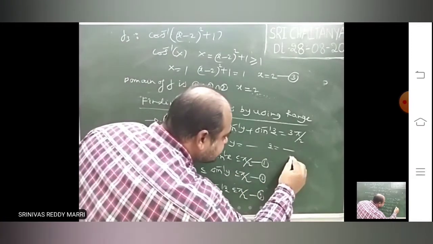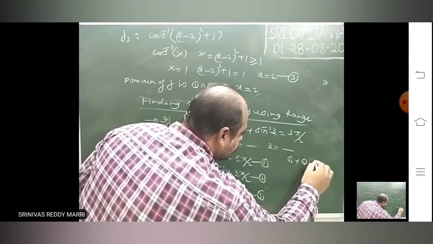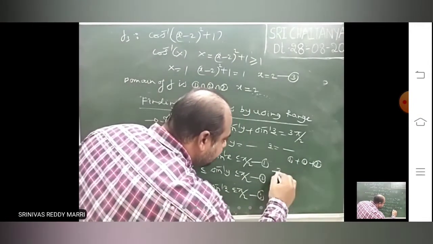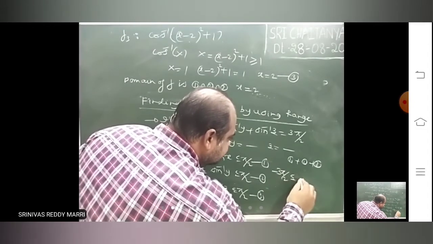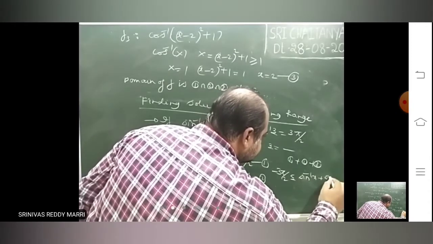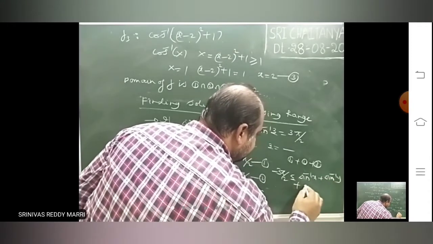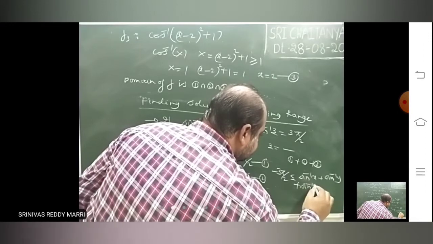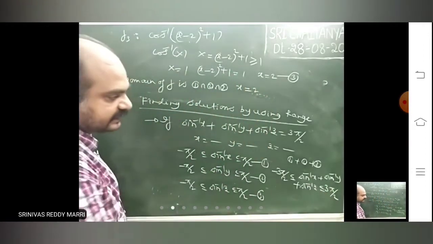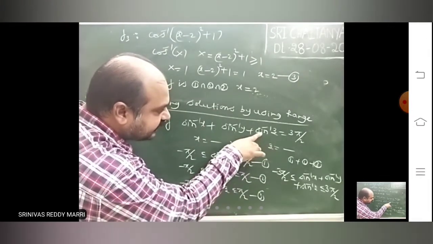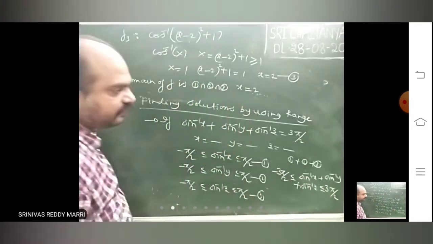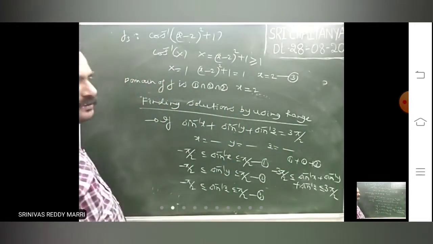Addition is there. 1 plus 2 plus 3. What you will get? Minus 3 pi by 2 less than or equal to sine inverse x plus sine inverse y plus sine inverse z less than or equal to 3 pi by 2. That means whatever the left hand side is, it always lies between minus 3 pi by 2 to 3 pi by 2. What he has given is 3 pi by 2.